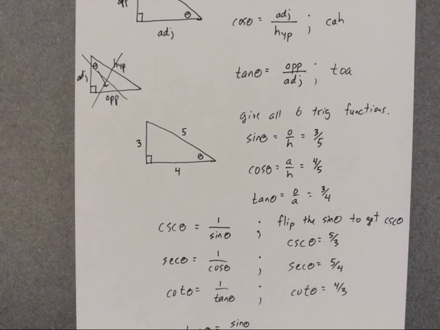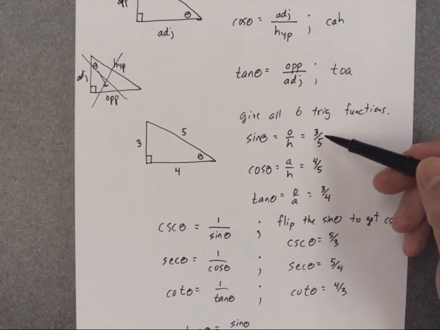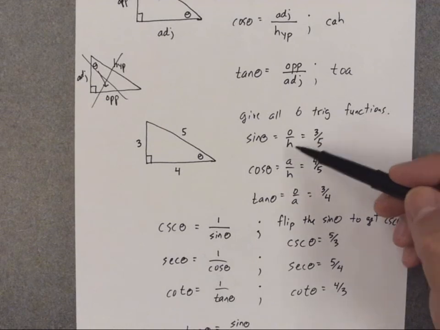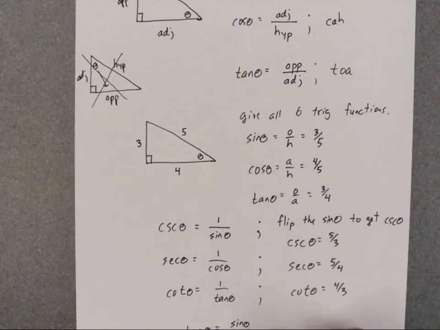As a matter of fact, sometimes what may happen in a problem, this previous problem, I could have, if I wanted to, once I figured out the sine and the cosine, I could have figured out the tangent by just using this fact. I could have plugged in 3/5 for the sine and 4/5 for the cosine, and hopefully you remember how to work with complex fractions.